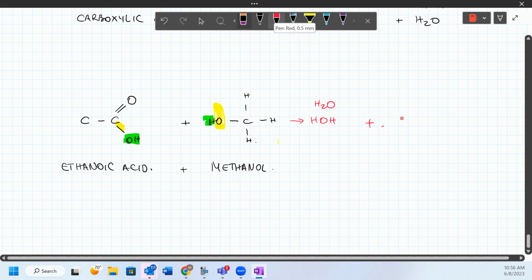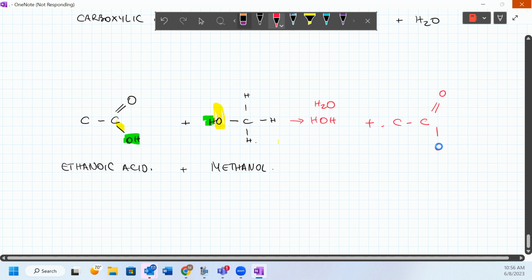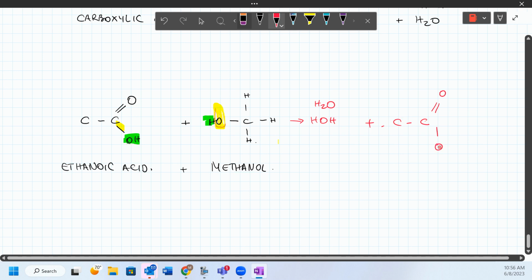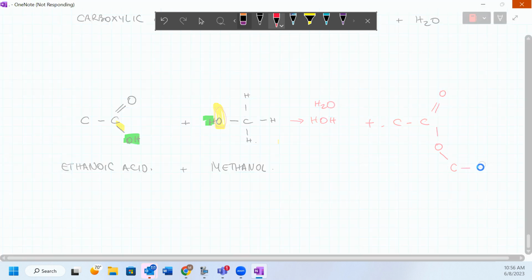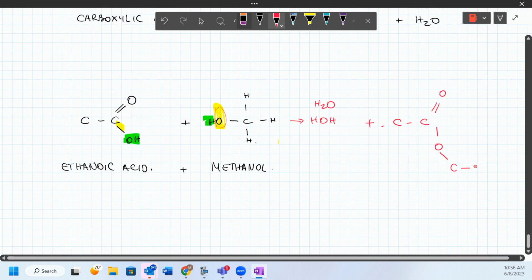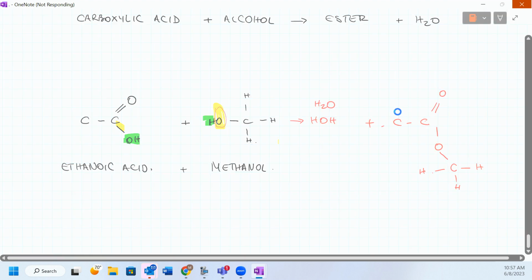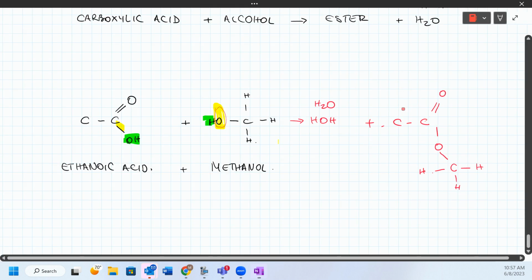When we have C double bond O, and then a single bond O, that is from here, and then we have a CH, H H H, and then here we will have another H's.